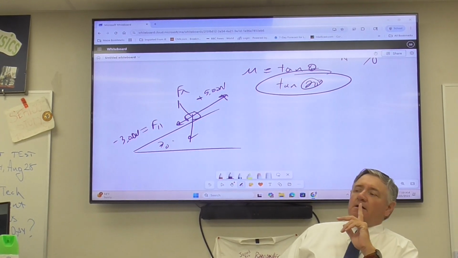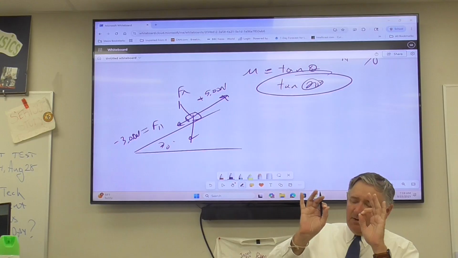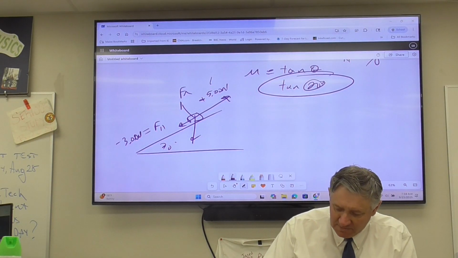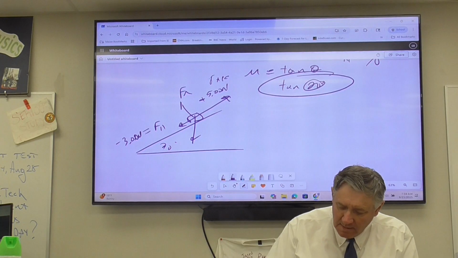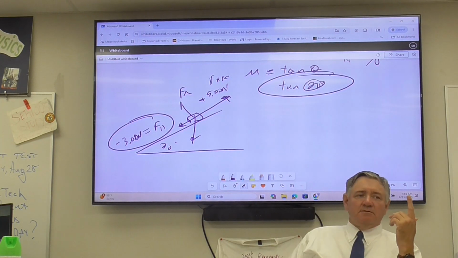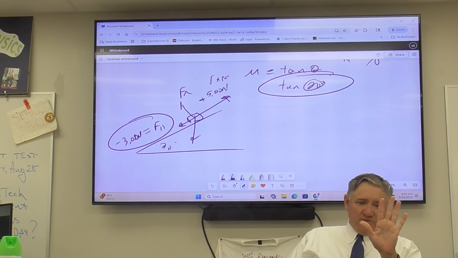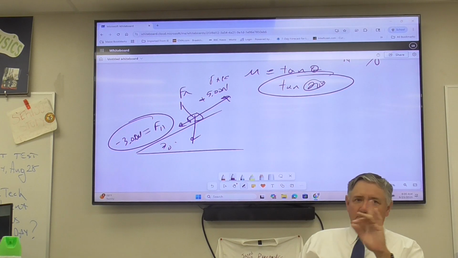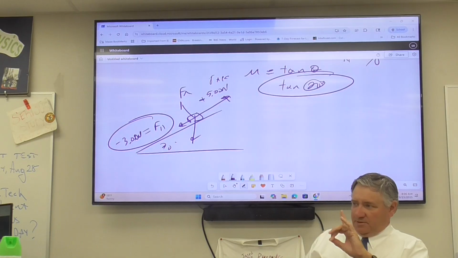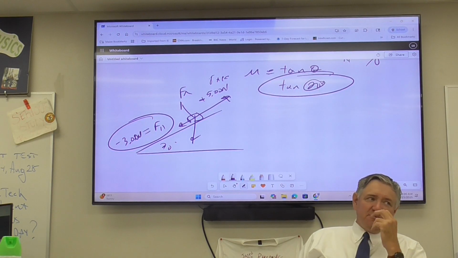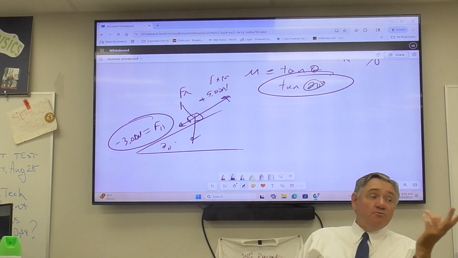So you're at a constant velocity. This is your applied force. That's how much the Gravity Mafia is charging you. So you have $5. The Gravity Mafia is charging you $3 to move the block up the hill. How much is the Frictional Mafia charging you? Must be 2. Why?